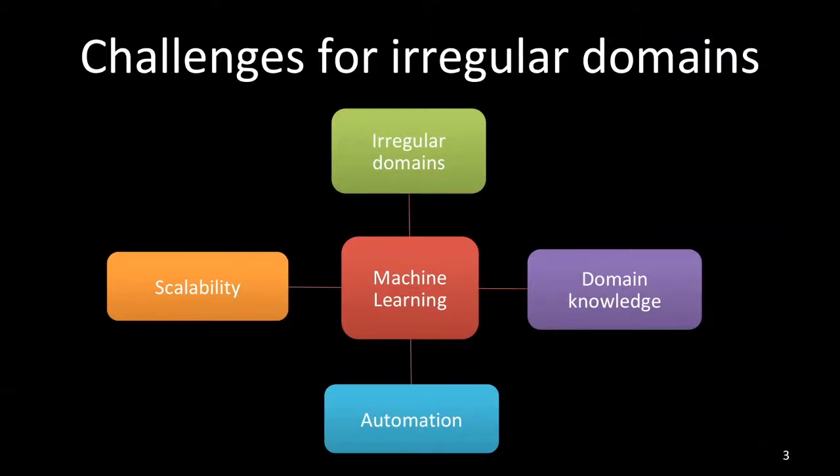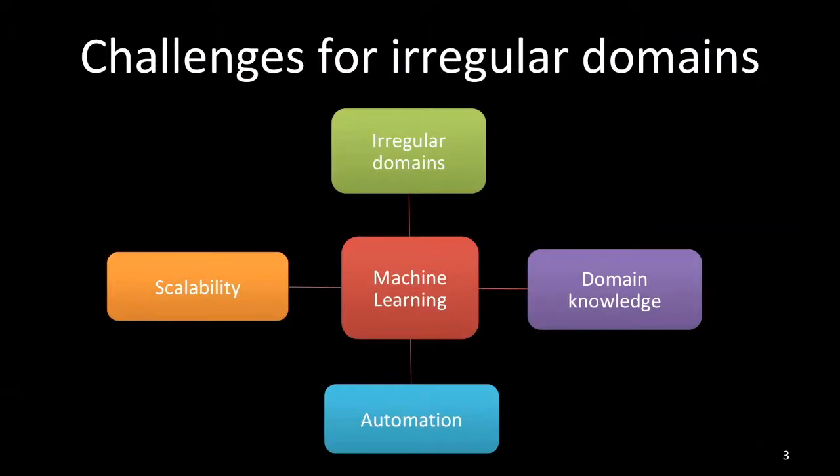It's not any irregular domain, but a scientific domain, and we know a lot about those domains, either from first principle models or simulations or the underlying process from which this data is collected. So how do we incorporate this domain knowledge into machine learning methods that are customized for irregular domains?